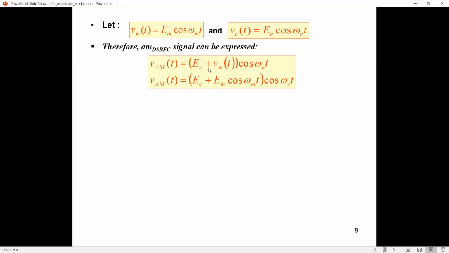VAM(t) is equal to (EC plus VMT) times cos omega CT. If we substitute VMT equal to EM cos omega MT, it becomes (EC plus EM cos omega MT) cos omega CT.